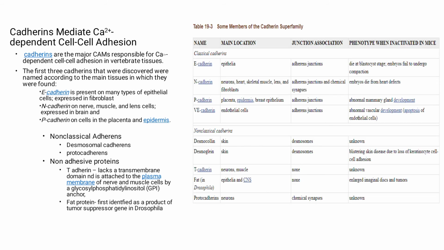In Table 19.3, it shows some members of the cadherin superfamily. We have E cadherin, N cadherin, P cadherin, and VE cadherin in the classical group, and in the non-classical group we have desmocollin, desmoglein, T cadherin, and protocadherins.